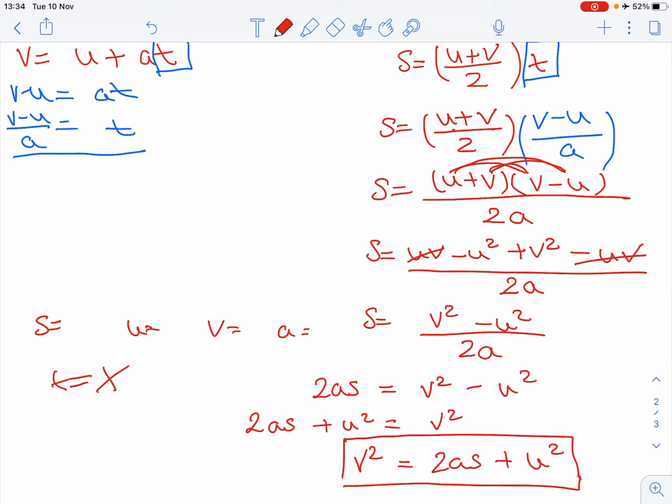So there's no t in the equation, and we can find the velocity, the displacement, acceleration, or initial velocity using this formula.